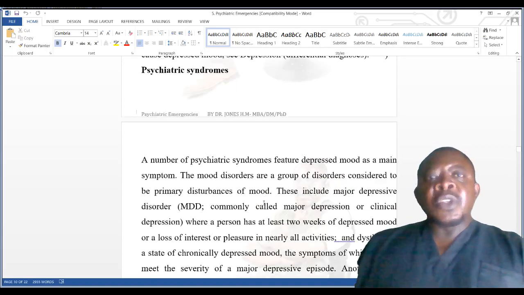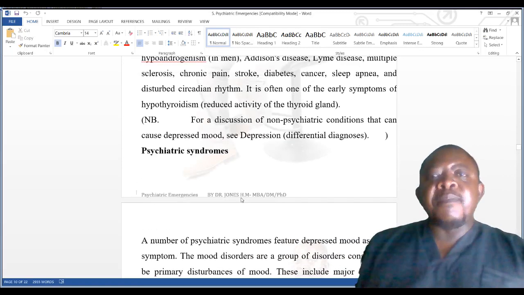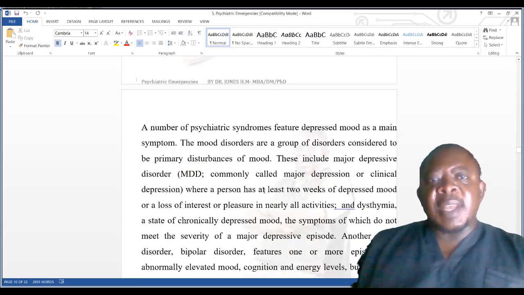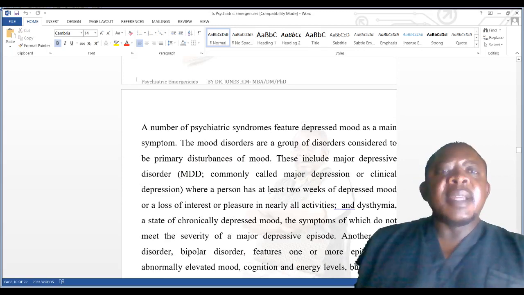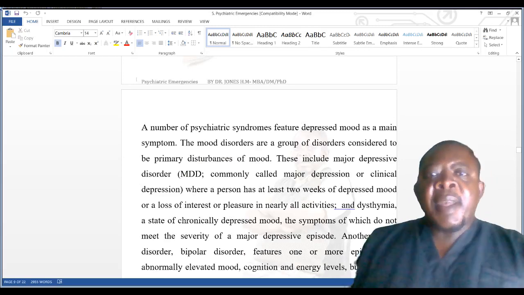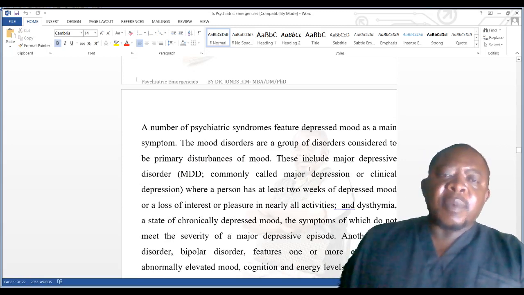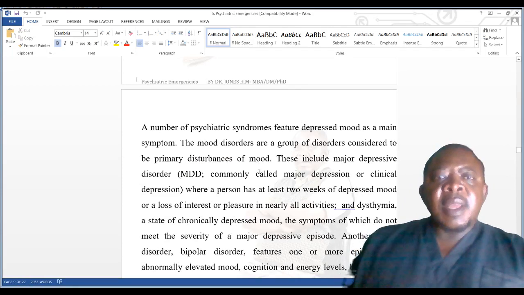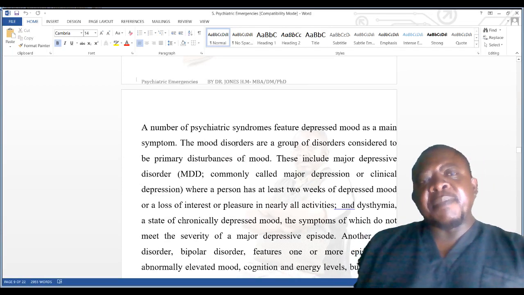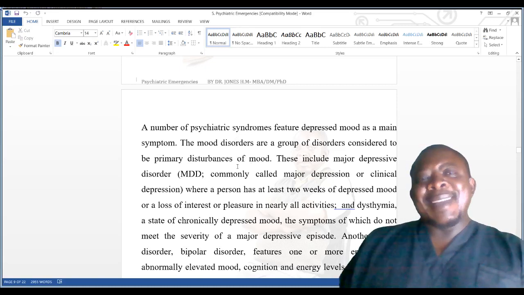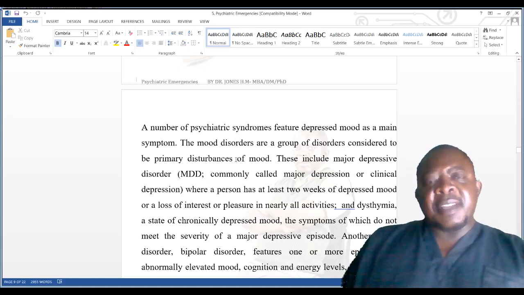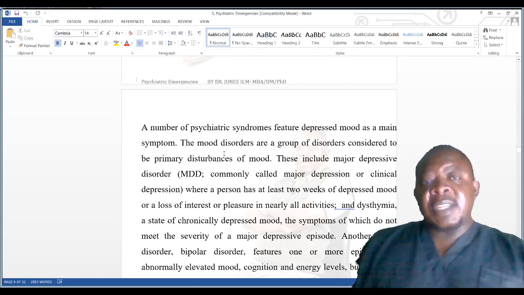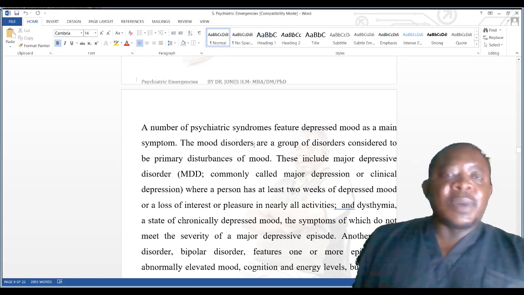So now, having looked at these many predispositions to depression, it is important to appreciate that if any of these results in a patient coming to the hospital, they may be looked at as an emergency because it may progressively affect the patient, and at the time when they need to take action, it might be too critical for the patient.